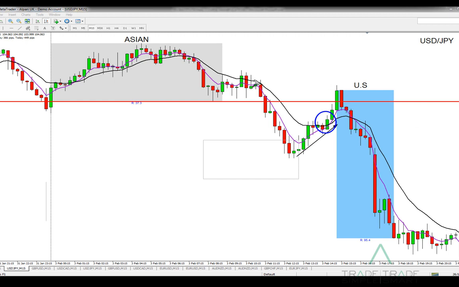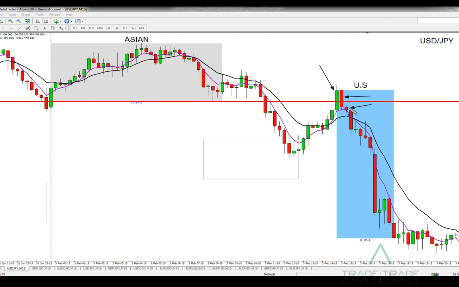And then during the open of the US session, we see a stop run of the Japanese session lows. So we see our stop run candle that penetrates the level by more than 3 points. We then have a failure to confirm because the confirmation candle does not close below the low of the stop run candle.